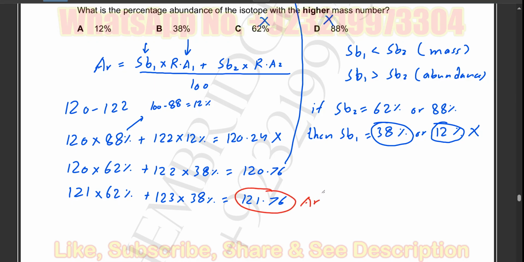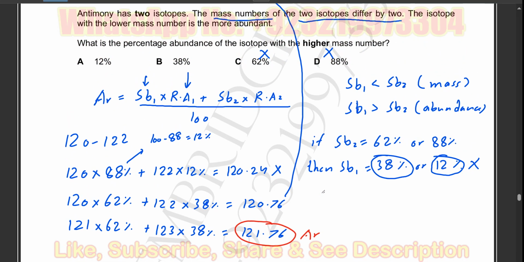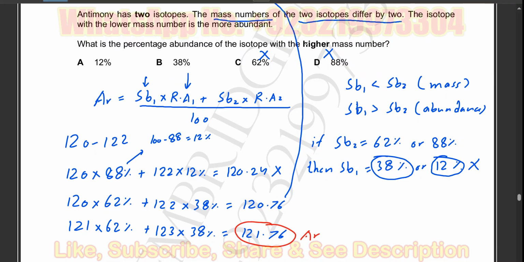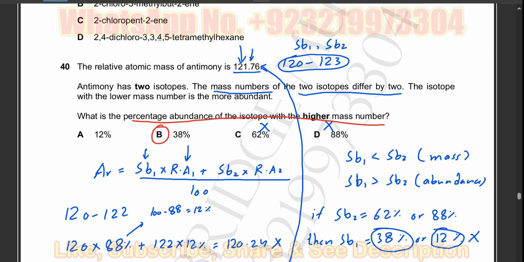And that's why, what they say is that the isotope with the heavier mass, with the higher mass number, must have the smaller abundance, which I took here as 38% for the higher mass number, and this is option B. That's why B is the right answer.